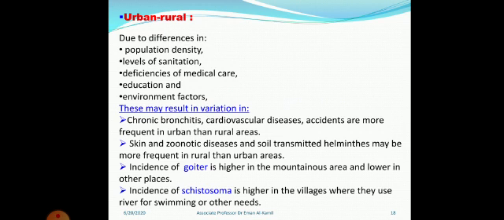As we mentioned, schistosoma is a parasite which needs snails as a vector, which breed in the water, and it needs time for the development of the larvae, the cercaria, in order to infect humans. And when humans come in the water, swimming or working in the water, the cercaria penetrate the skin and cause the infection.